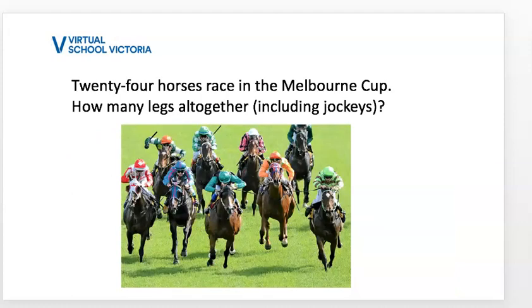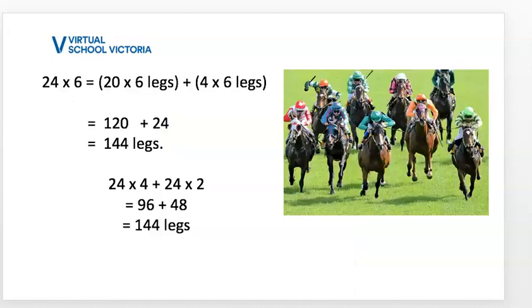We'll solve that problem, and this time we'll include the jockey legs. How will you solve that problem? The way I did it, I had the 2 jockey legs and the 4 horse legs gave us 6 legs.